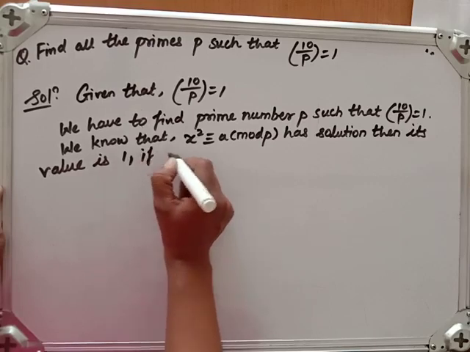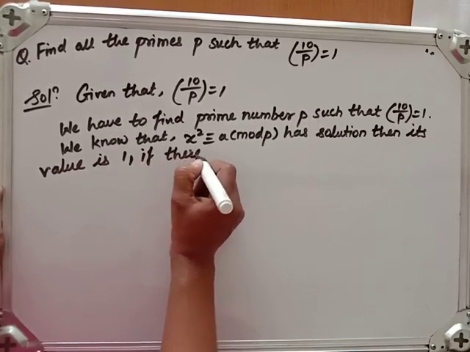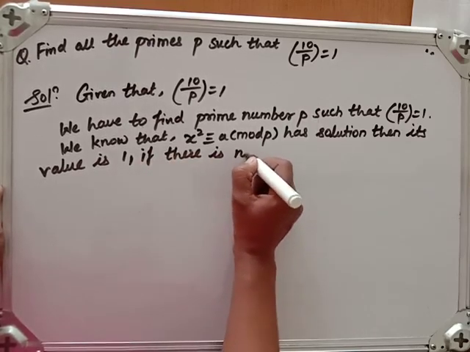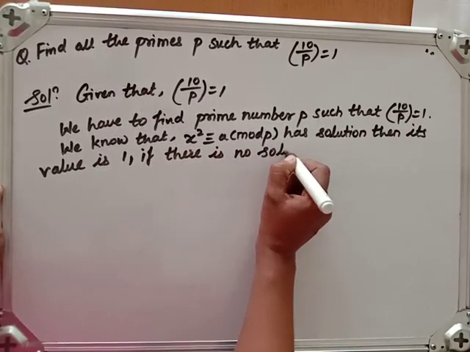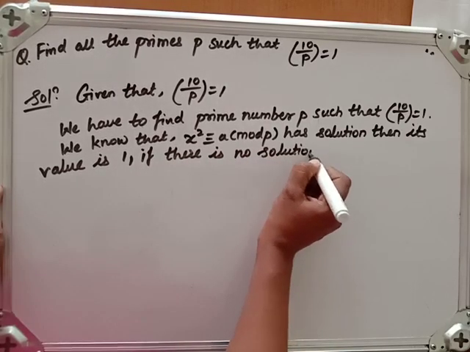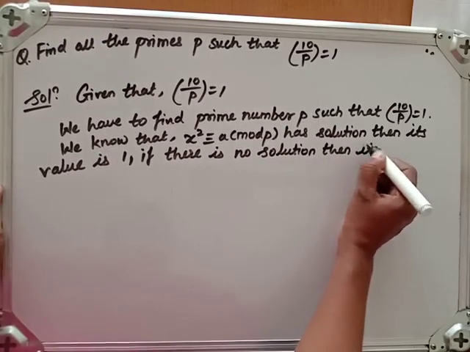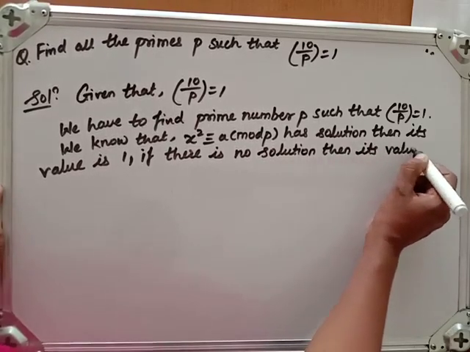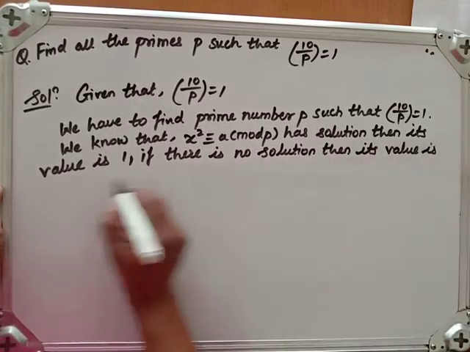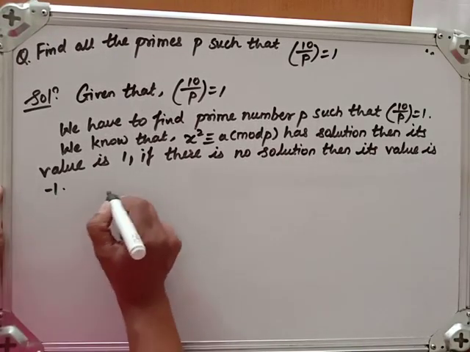If there is no solution, then its value is minus 1.